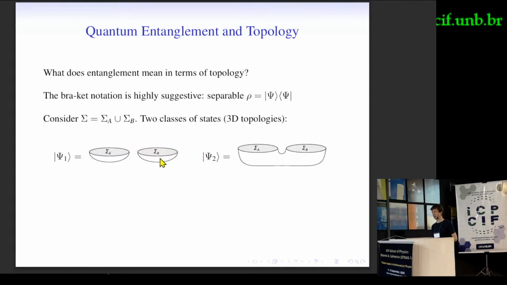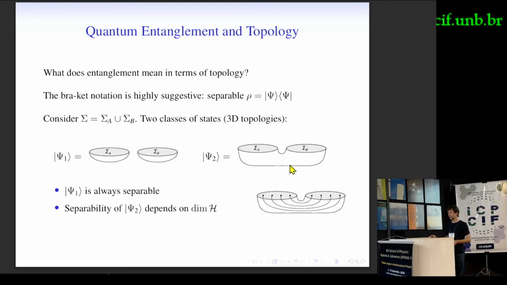So you'll have a state in the tensor product of two Hilbert spaces, each associated with two surfaces sigma, and if you draw the state such that the higher dimensional topology does not connect the two boundaries, then that should be a separable state. But if you have a topology which connects the two boundaries, this obviously looks like something non-separable and entangled. So the situation is a bit more tricky.